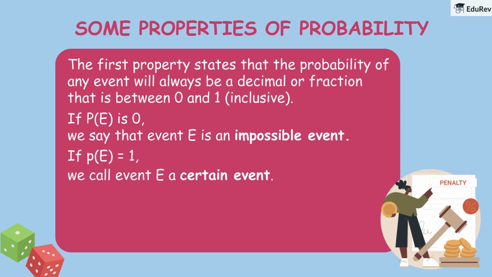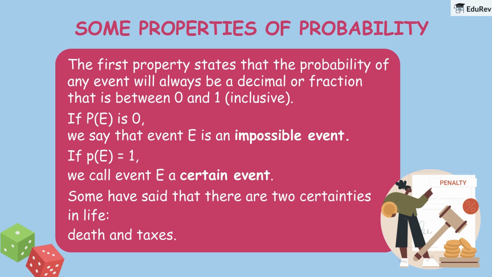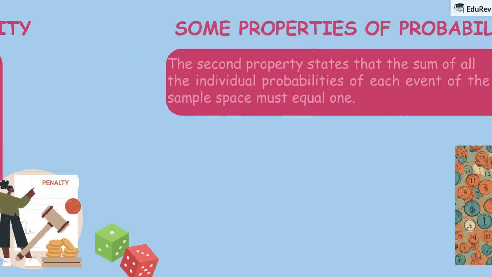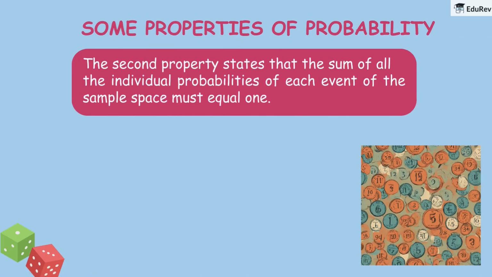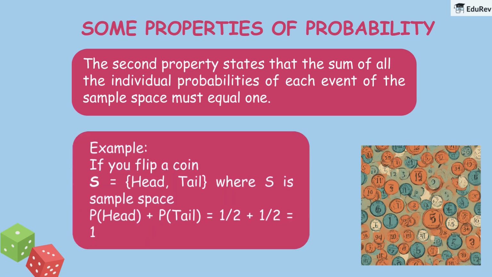Some have said that there are two certainties in life: death and taxes. The second property states that the sum of all the individual probabilities of each event of the sample space must equal 1. For example, if you flip a coin, the sample space is S, which consists of head and tail. Therefore, P of head plus P of tail equals 1 by 2 plus 1 by 2, which equals 1.